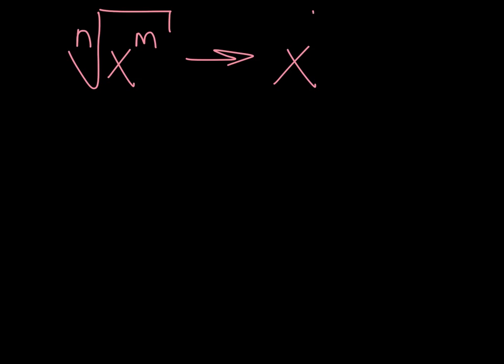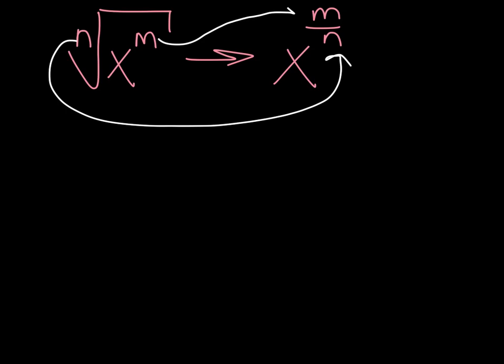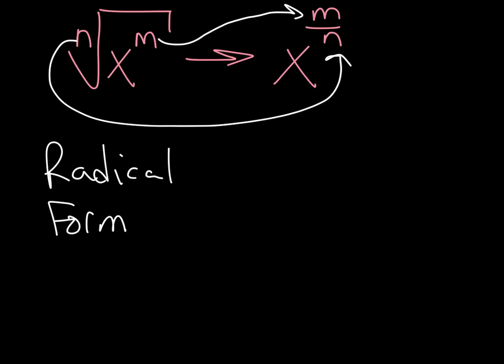So if you remember this, okay, what you notice is the index comes down and becomes your denominator. Any exponent inside becomes your numerator. Okay, and this one is radical form. And this one is exponential form.